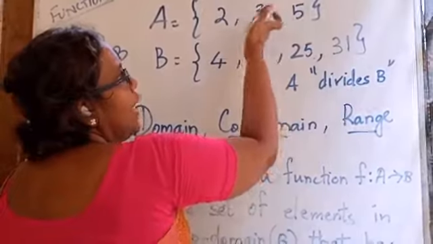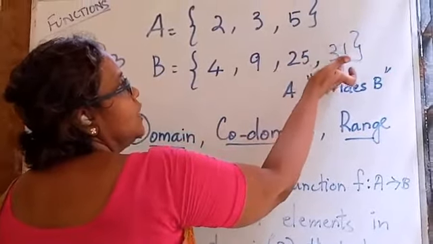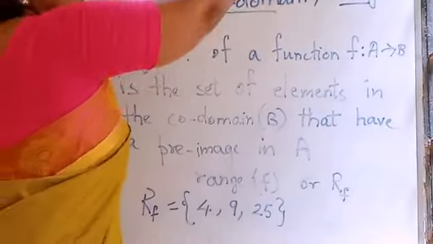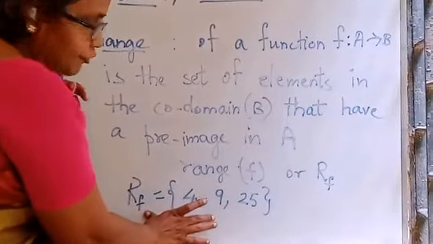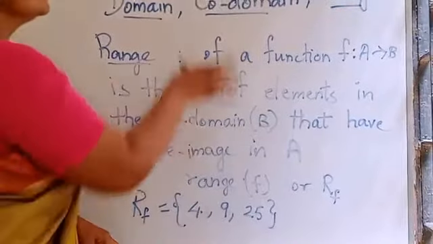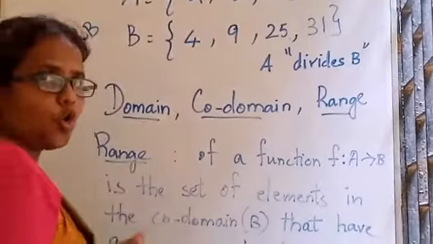No. No element can divide 31. Therefore, 31 will not be present in the range. When 31 is not present in the range, how can you define a range now? The range can be defined as a subset of the set B, or the codomain B.